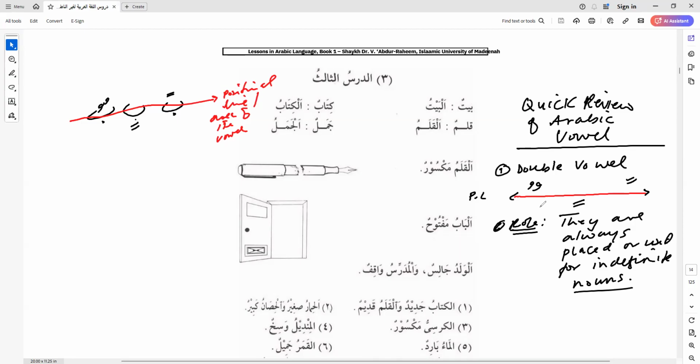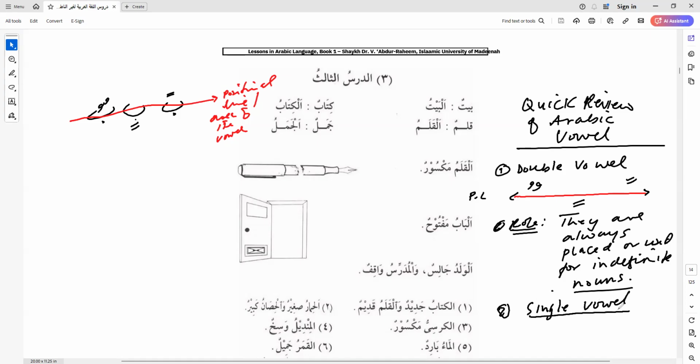And this is going to depend on the role of the noun within a sentence, whether the noun is a subject, or an object, or in a genitive case. We're going to look at all that. But know that in Arabic, we have double vowels, and then we have single vowels.